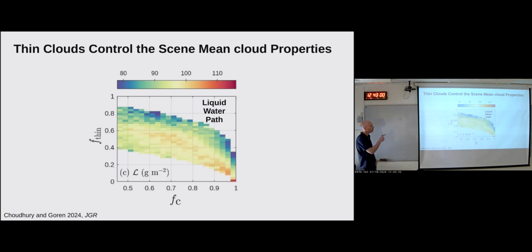We also don't have observations for the liquid water path. But it's much more difficult to fill in the liquid water path with realistic values. So now we use machine learning to fill in all these missing pixels in the satellite data, the LWP, the liquid water path of the thin clouds, and the gradient is larger than what I show you here.